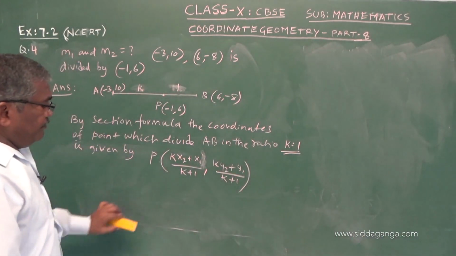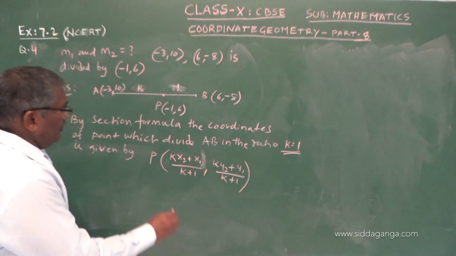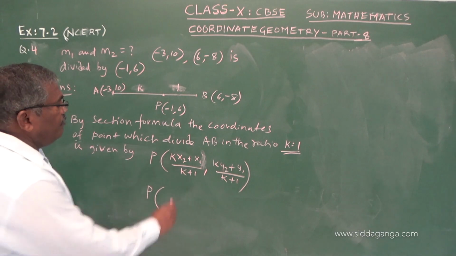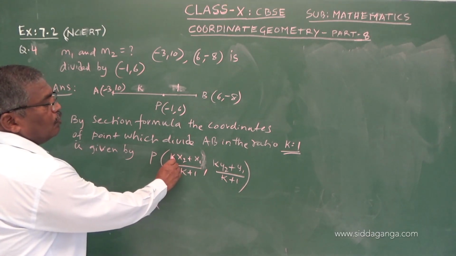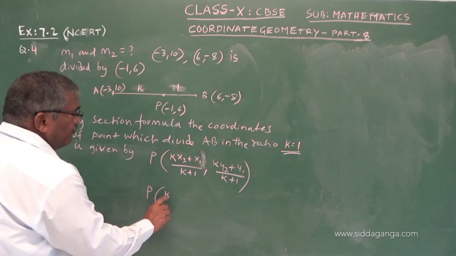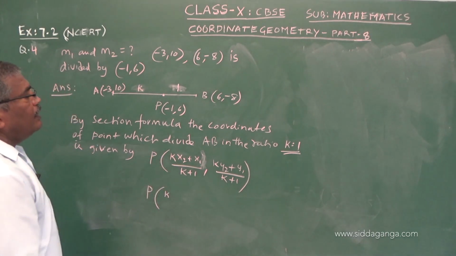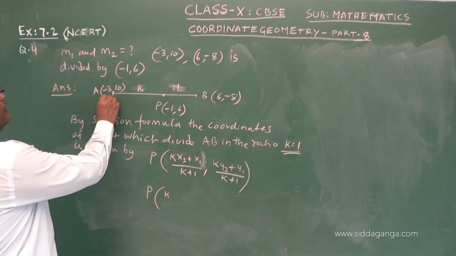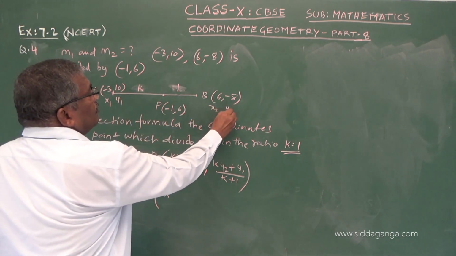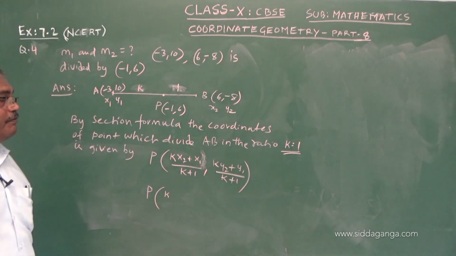So now here, k we do not know now. So I will write k as it is. This is x1, y1, x2, y2.